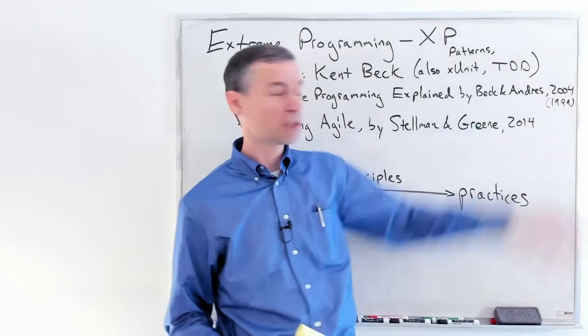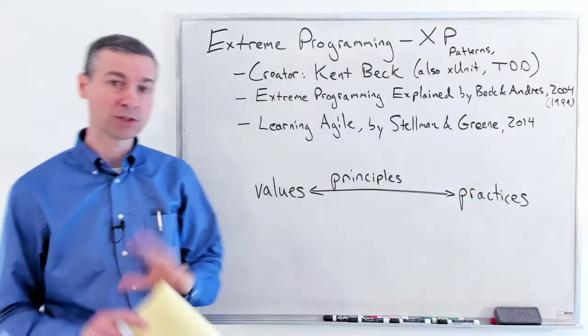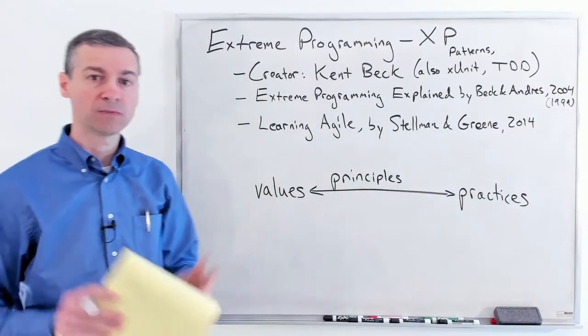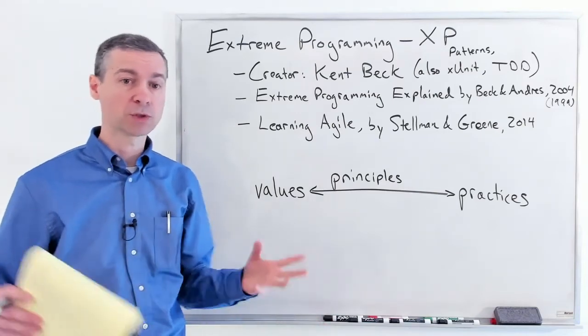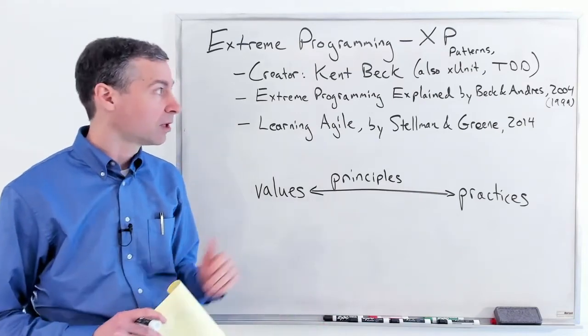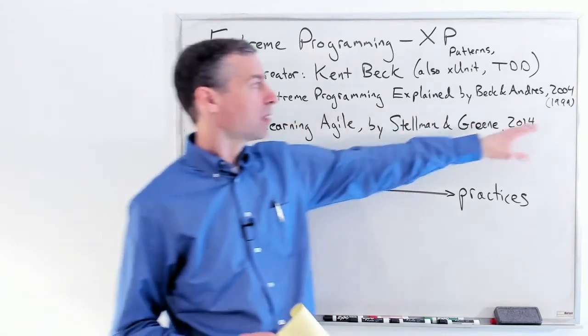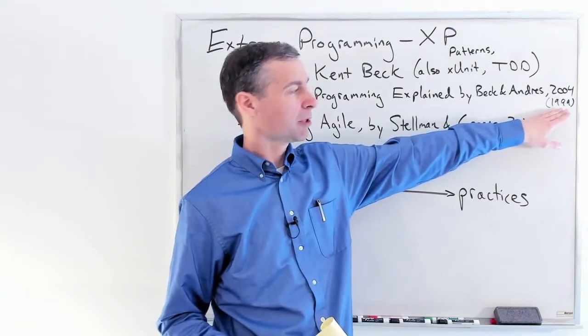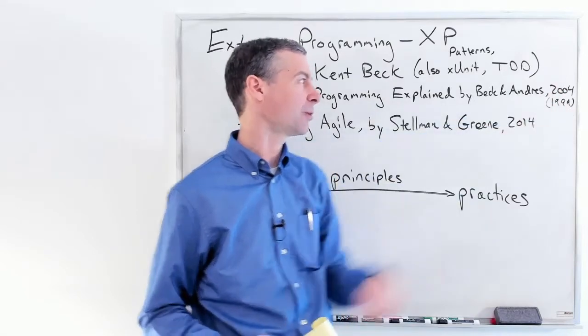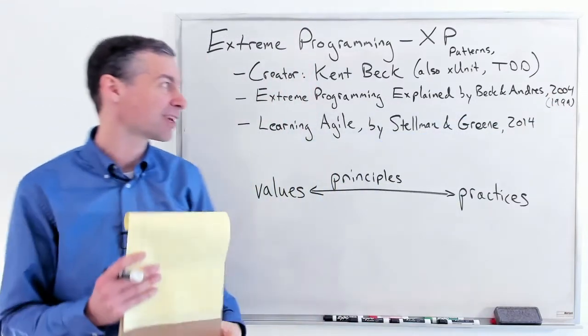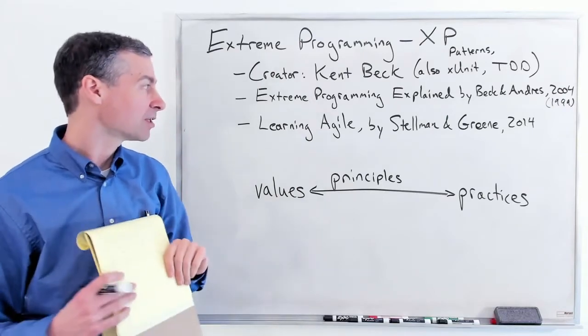There was a first edition in 1999, so that tells you how soon following the Agile Manifesto, of which he's one of the signers, one of the original people, he wrote this. And apparently, I haven't looked at this book, but apparently the first edition doesn't make much sense to people. So he got some help and wrote a new version in 2004 that made a lot more sense.